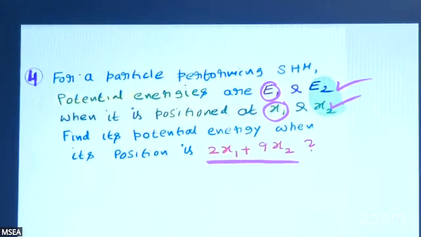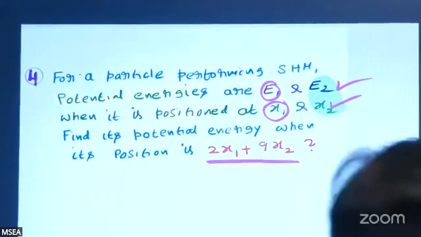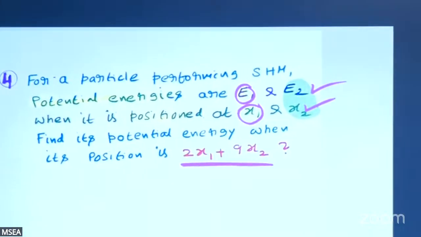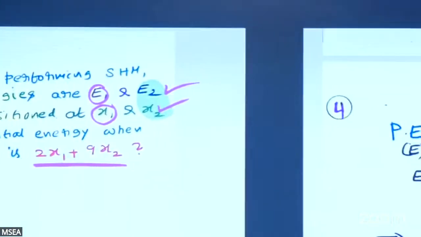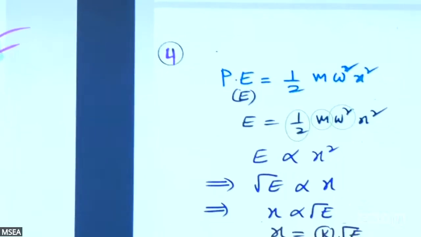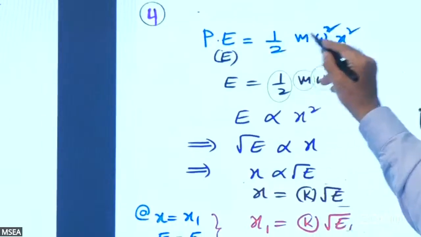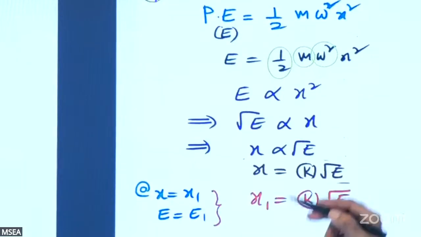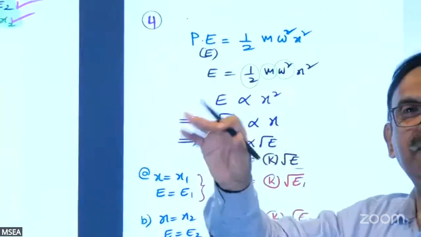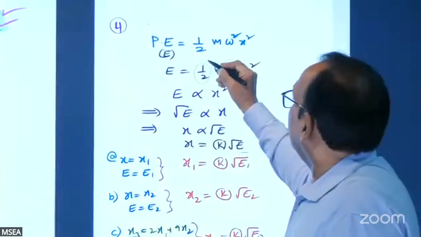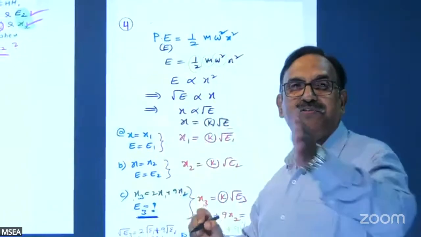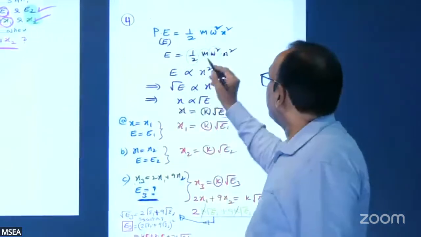Now, the first thing is, whenever you are talking about the potential energy of a body, the first step is to recollect the formula for potential energy. Potential energy of a body performing SHM is half m omega square x square. You must be knowing that for a body performing SHM, the mass of the body will always be constant. Its time period and angular velocity will be constant.